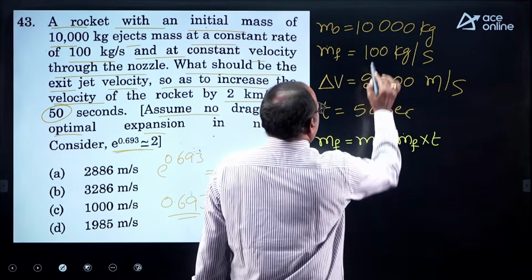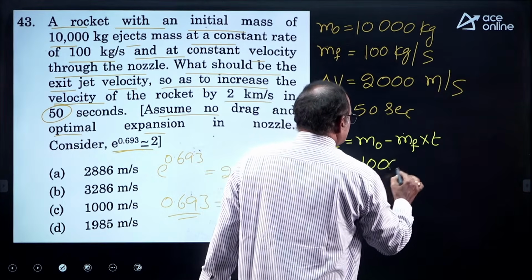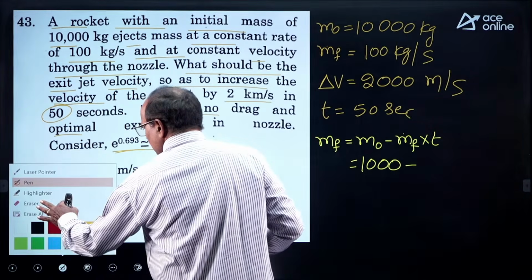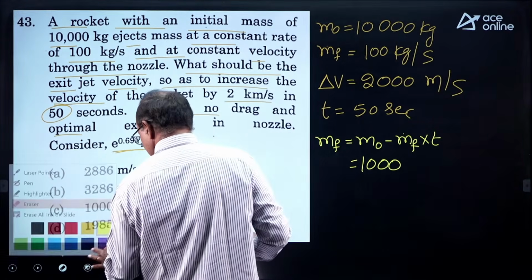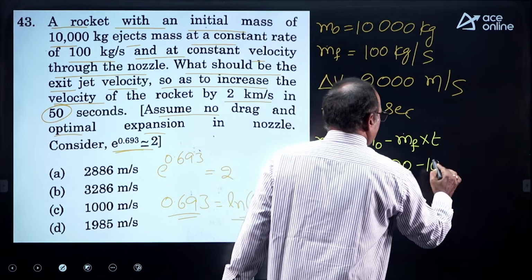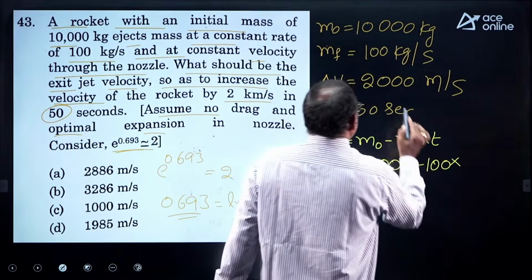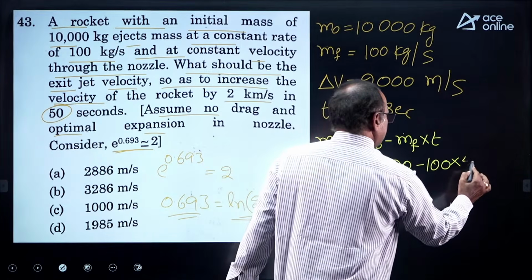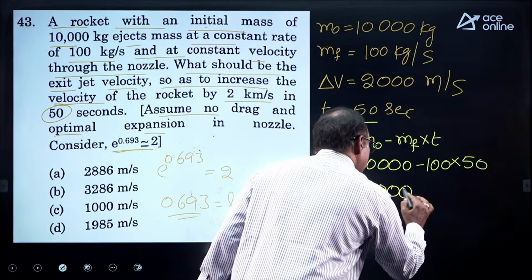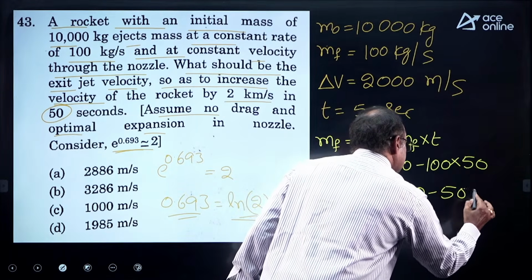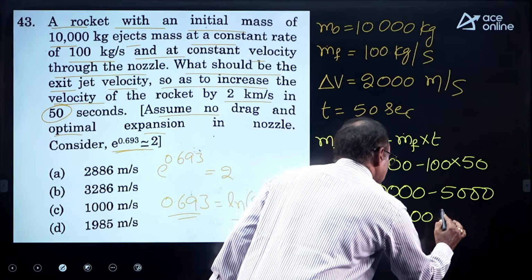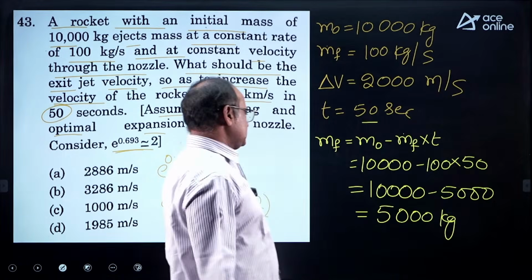It is equal to m naught 10,000 minus mass of the fuel burning 100 multiplied by time taken 50. So it is giving 10,000 minus 5,000 equals 5,000 kgs. That is the final mass of the system.